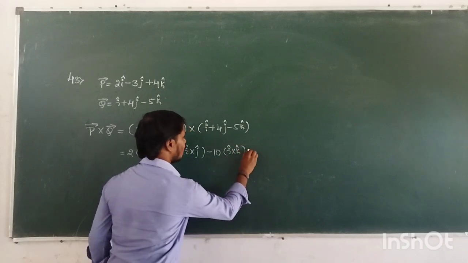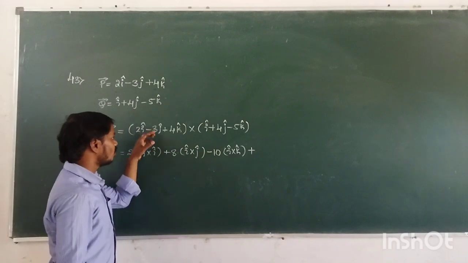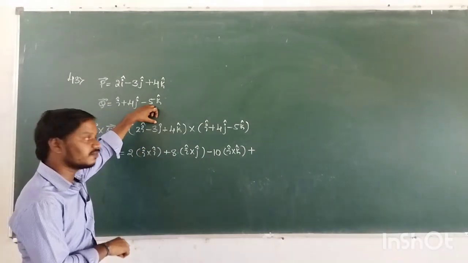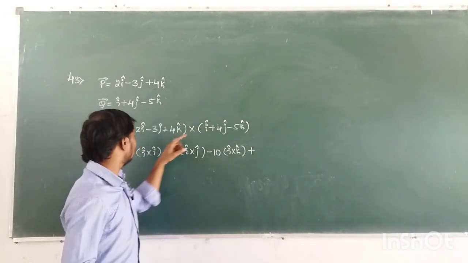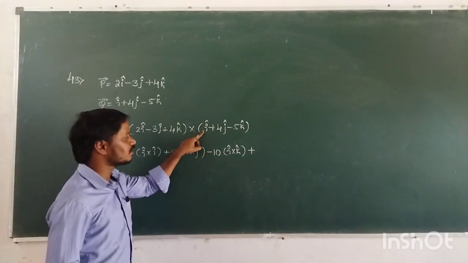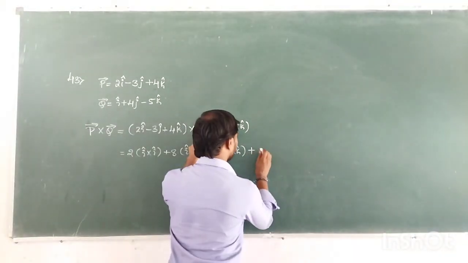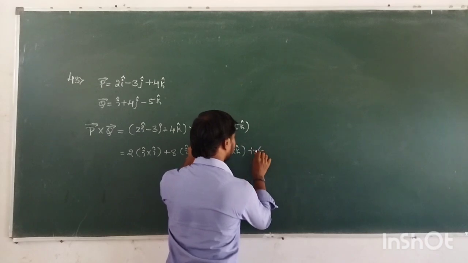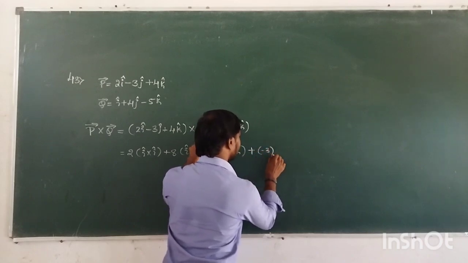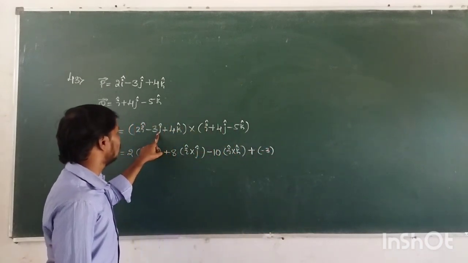Next, the cross product of the second term of the first bracket with the second bracket. Minus 3 into plus 1, that is minus 3, then j cross i.